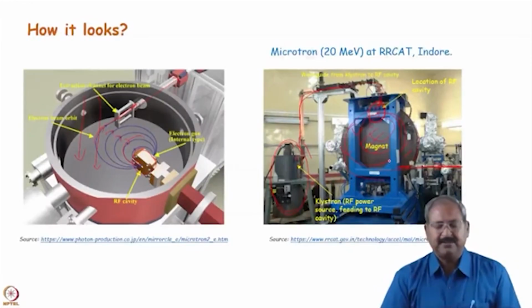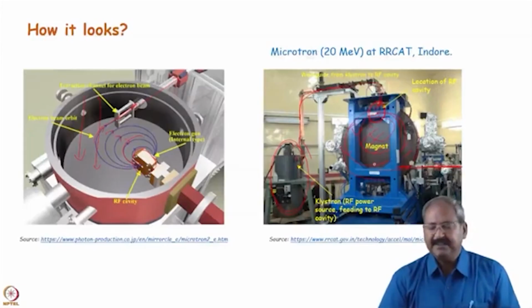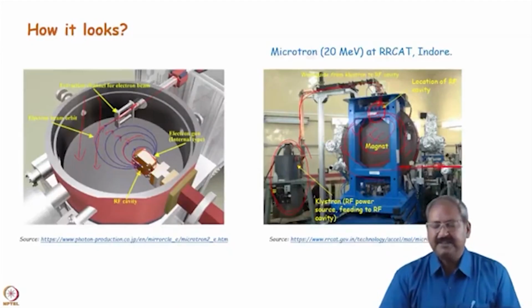Actually, a microtron raises energy up to 20 or 30 MeV. And this microtron is used to send the beam into the bigger accelerators of the Raja Ramanna Centre for Advanced Technology. So we can say this is a pre-injector accelerator for the bigger accelerators.